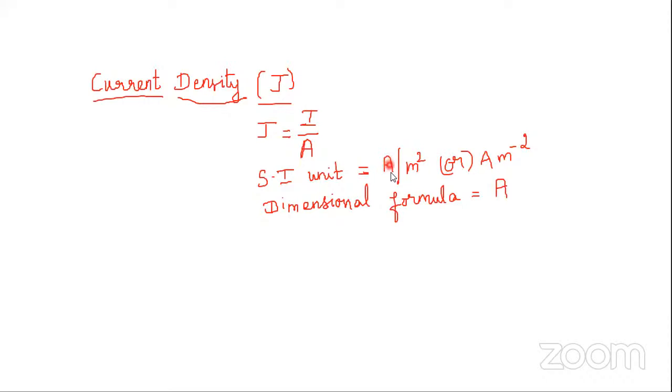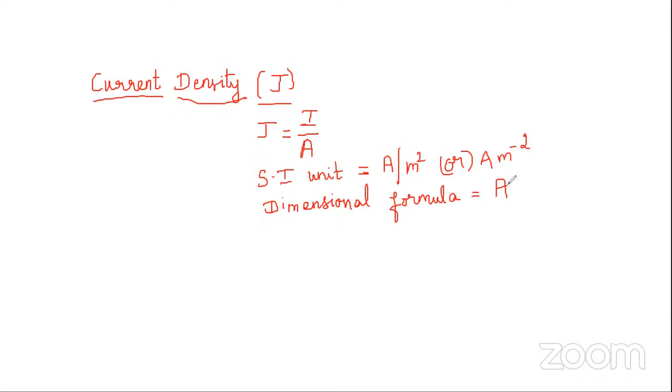So for ampere you have the dimensional equivalent A, and for area of cross section, what is the dimension here? Can anyone tell me? L squared, sir.